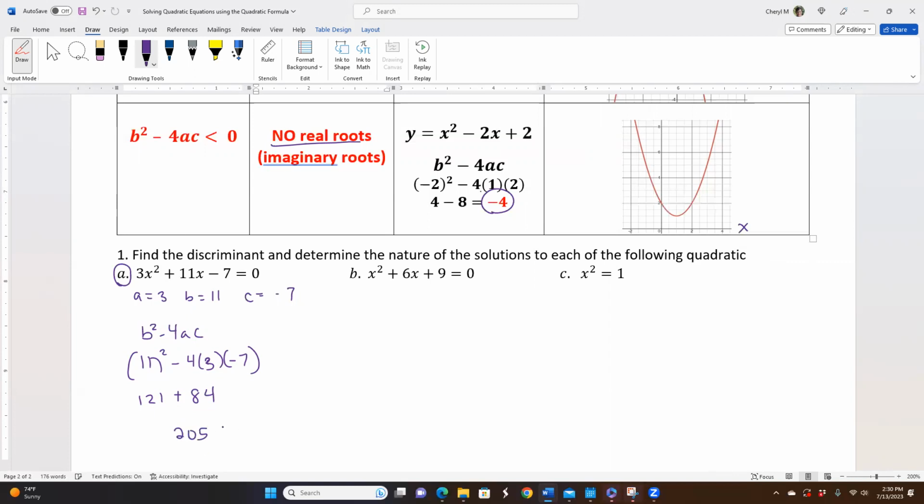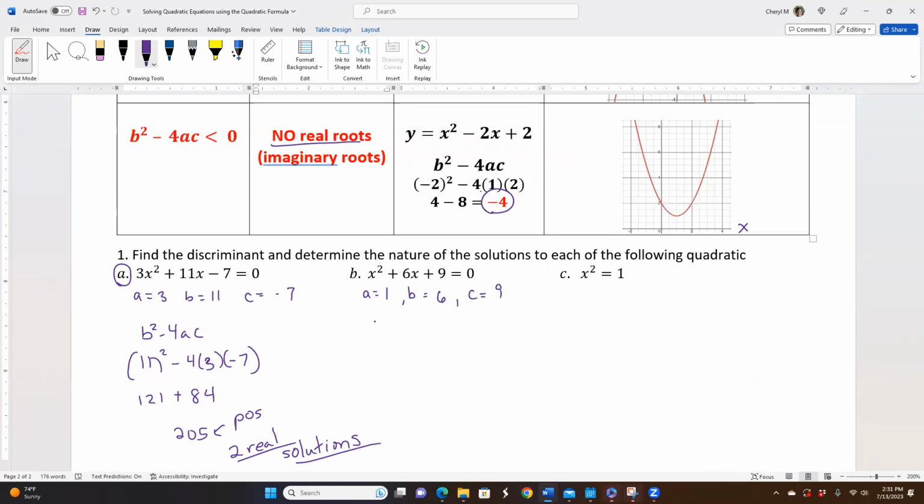This is positive. So that means we'll have two real solutions, and this graph will cross the x-axis twice. If we look at this one, we would identify our a as being 1, our b as being 6, and our c as being 9.